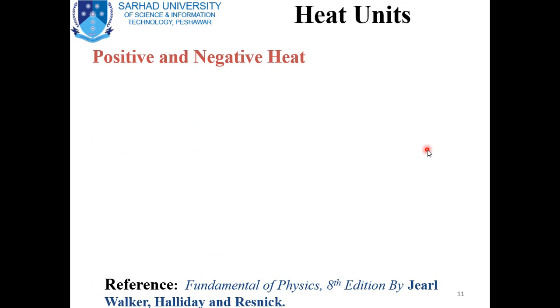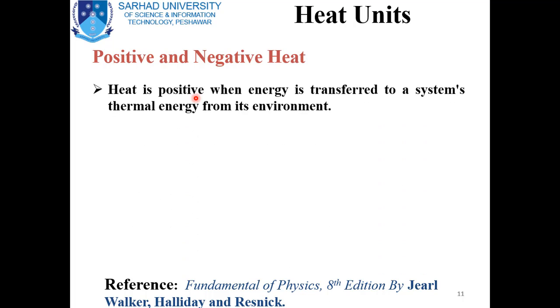Now after discussing the system and environment along with the heat as energy due to temperature difference, it is a binary process. Heat can be transferred into the system or transferred from the system to the environment. So we will represent heat as positive and negative energy.